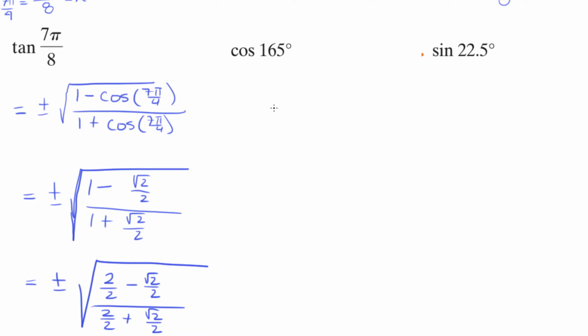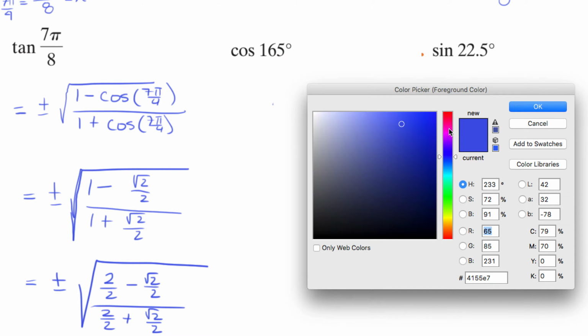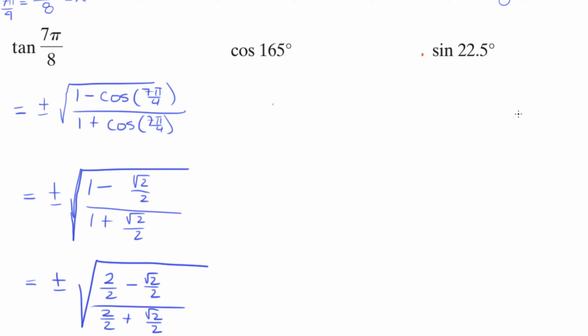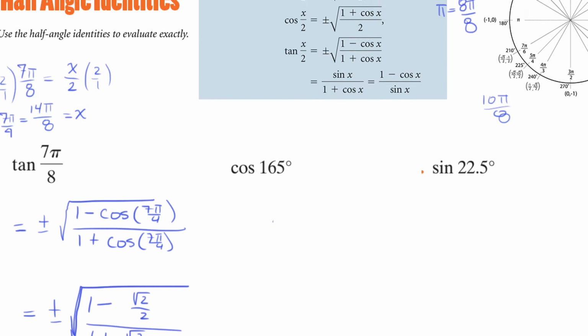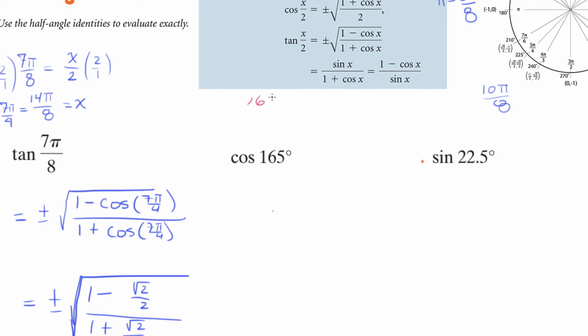Now it's still in degrees, so you still have to do 165. Let's use a different color. Okay, so we're still going to do the 165 equals x over 2, which means that if I multiply by 2 on both sides, 2 times 165 is the same thing as 330 equal to x degrees.